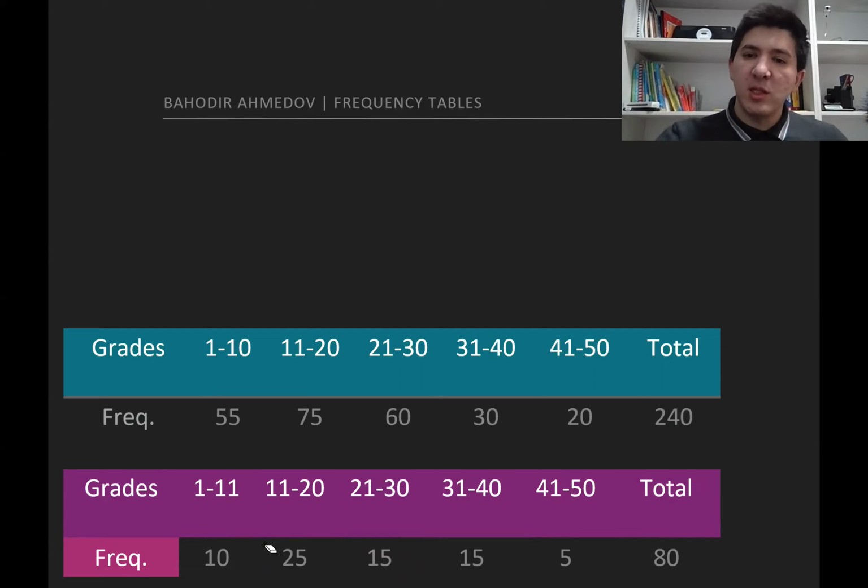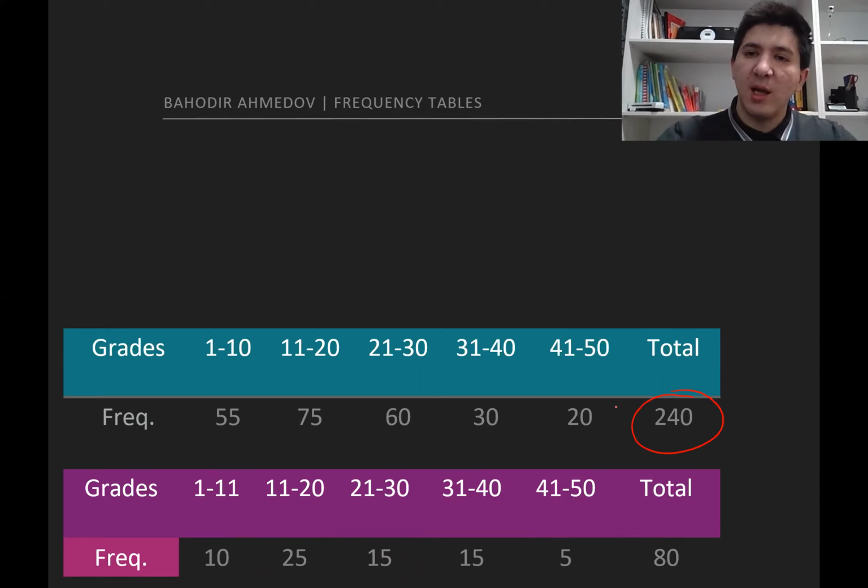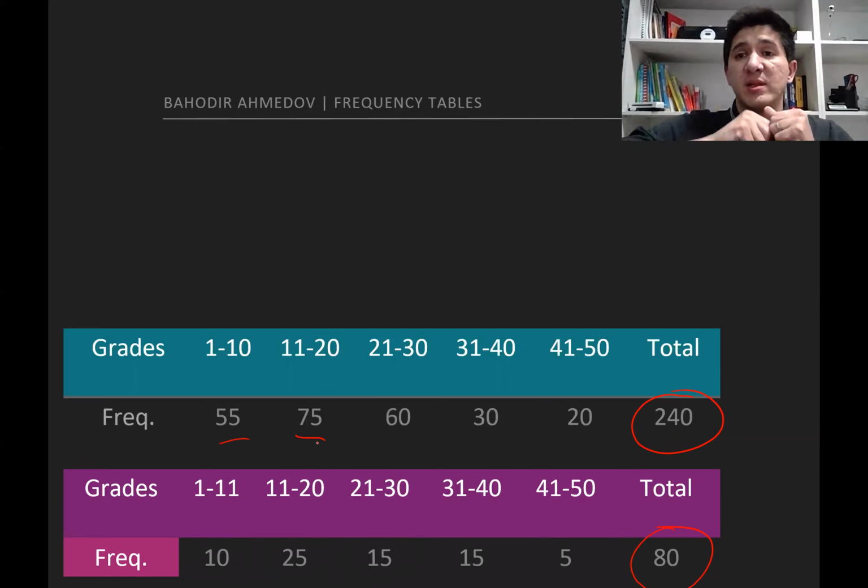The number of students in the second group is 240, while the number of students in the first group is 80. Is there a way to compare these two tables in a uniform way?